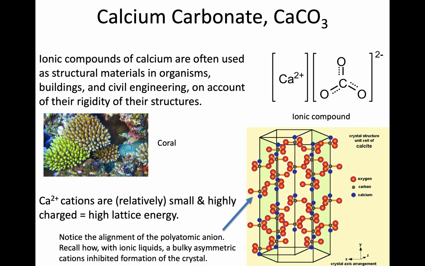It was saying that they would not readily adopt the correct orientation. I'm using this as an example because this really, to me, illustrates what it means to say that the ions had to adopt the correct orientation when they crystallize.